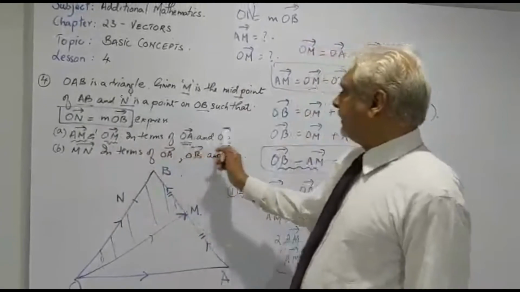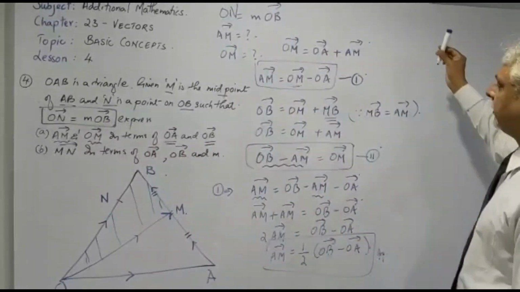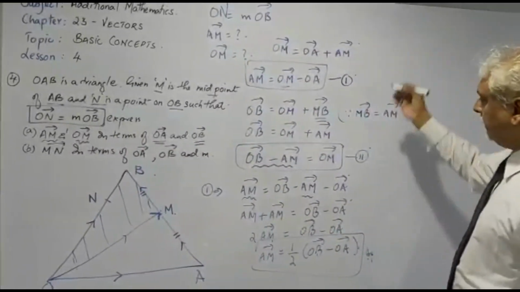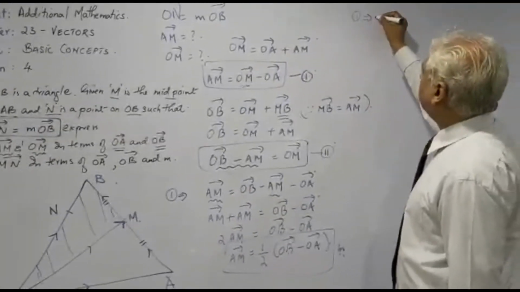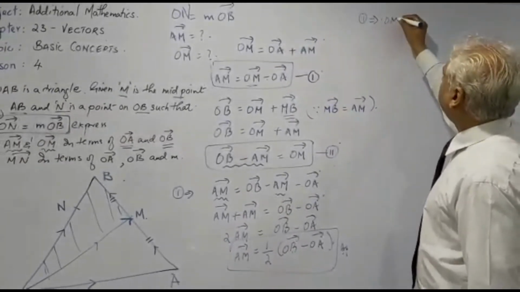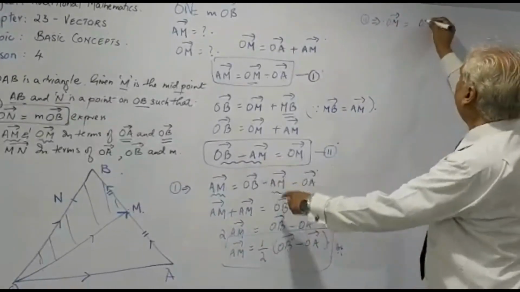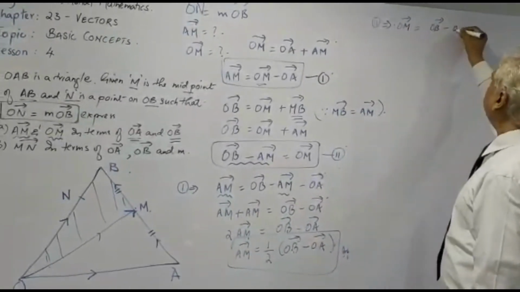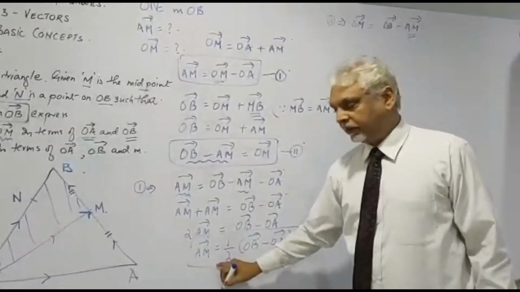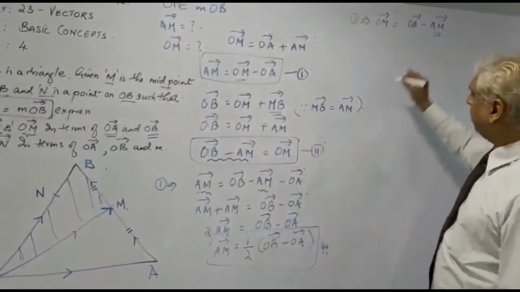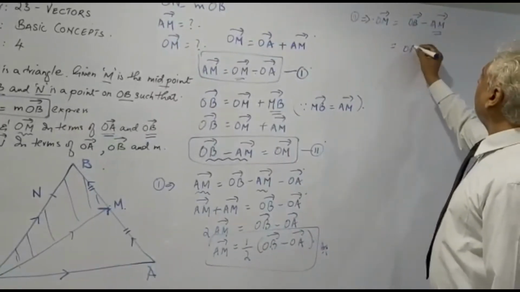Now OM in terms of OA and OB. Let me find it out. Let's take the second equation: OM equals OB minus AM. We already know the value of AM, which we have just calculated, so I'm substituting this value here.